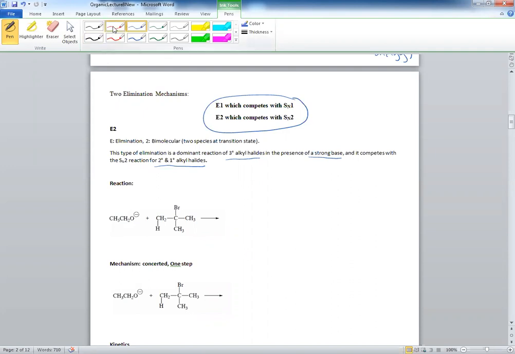What we have in the reaction is a base, if we put the lone pairs, and of course we have the alkyl halide. The outcome of this reaction would be the following.